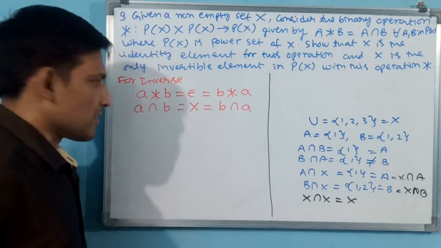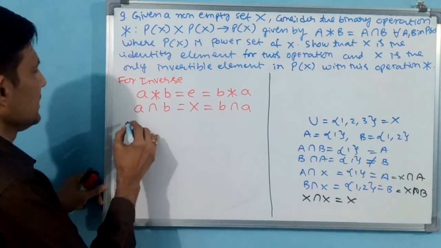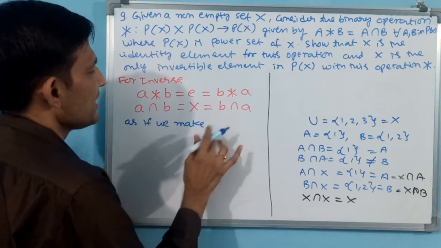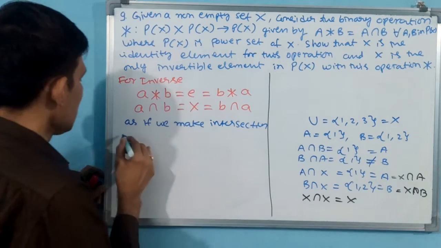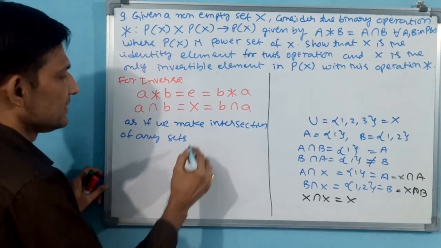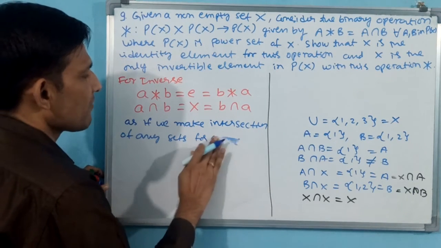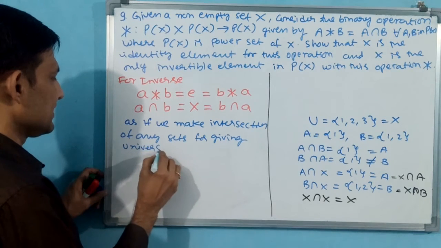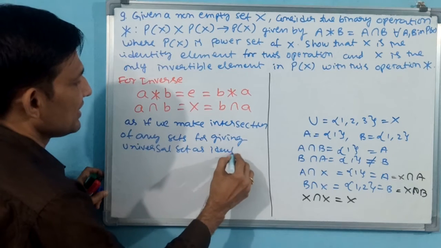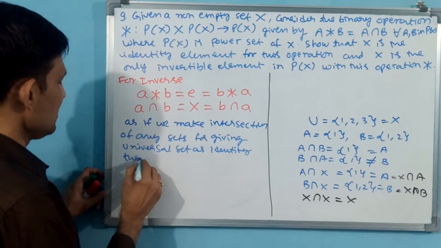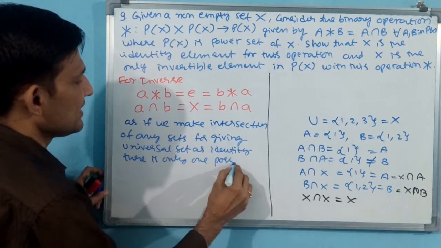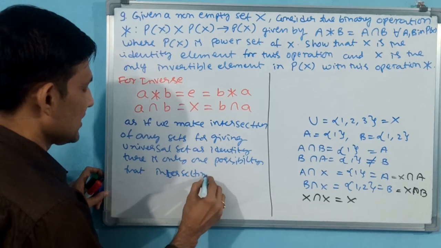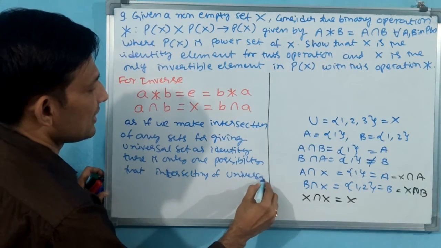Okay. You write. How are you going to write this? As we make the intersection of any sets for giving the universal set as identity, there is only one possibility: that intersecting of universal sets only.